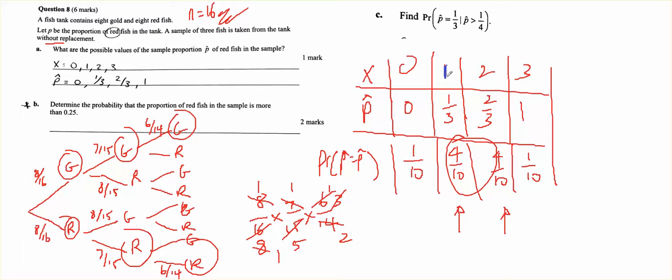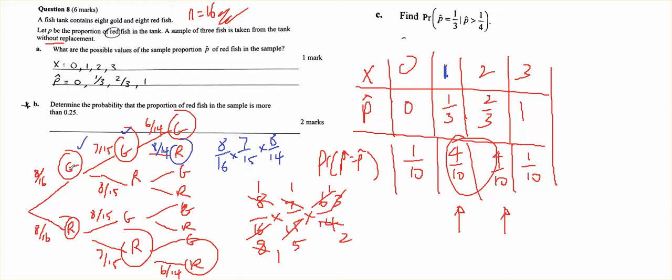Getting 1 red is gold, gold, red, and that's 8 out of 14. So it's 8 out of 16 times 7 out of 15 times 8 out of 14.